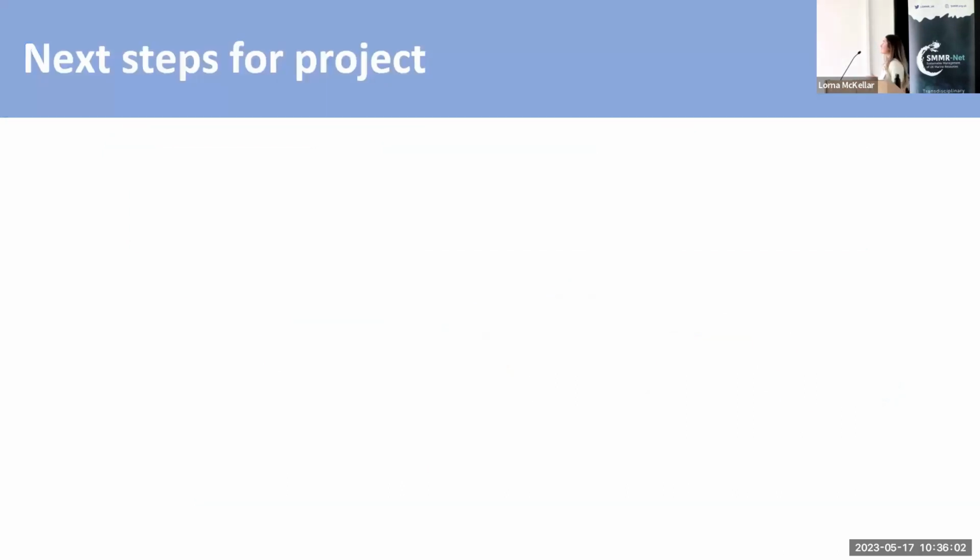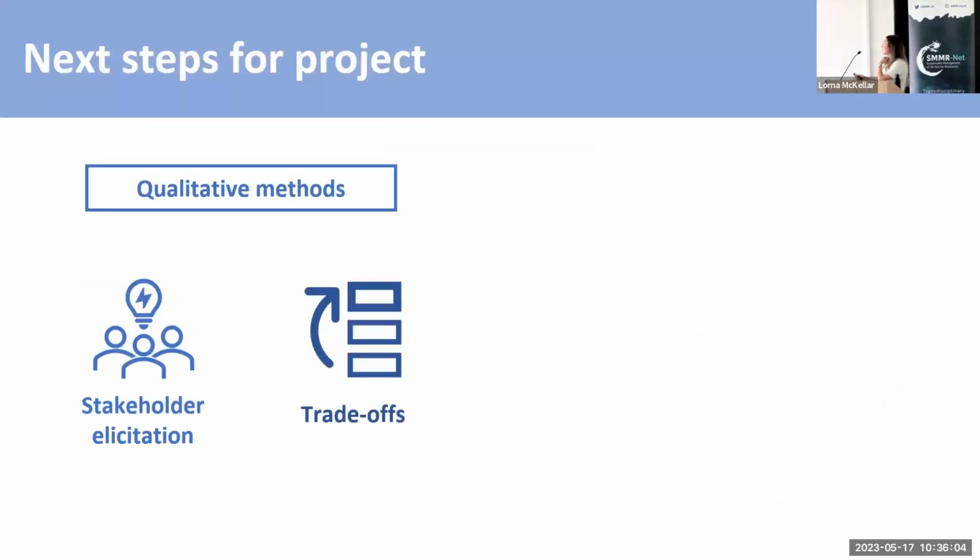So some of the next steps of the project, as I mentioned, the qualitative methods are really important here. And what I'm hoping to do is a similar thing with stakeholder elicitation. So getting experts and stakeholders together in a room and understanding how I can get some of that qualitative data and bring that into some quantitative threshold values, and then do the similar thing for trade-offs as well.